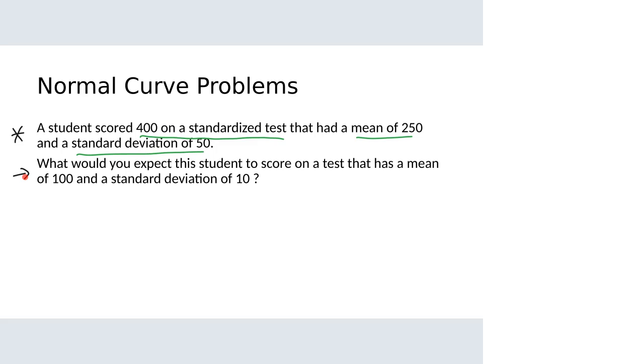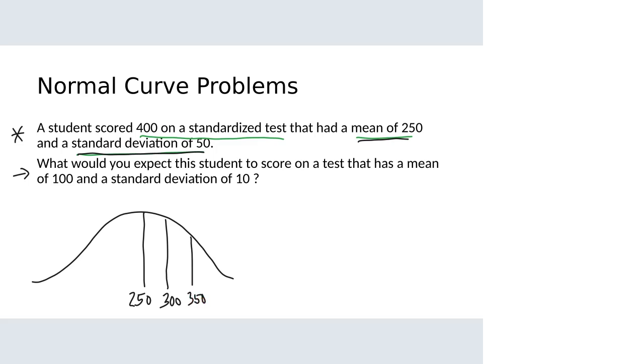And this is how we can do it. We were told that the first test they took had a mean of 250 and a standard deviation of 50. So that would be 300, 350, 400. Let me know if you see something that you're not sure where it came from.